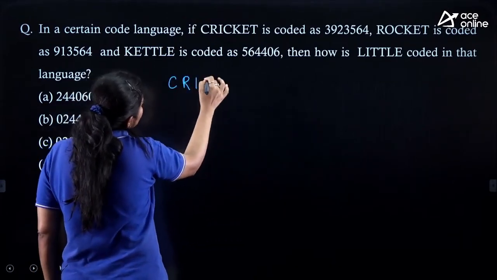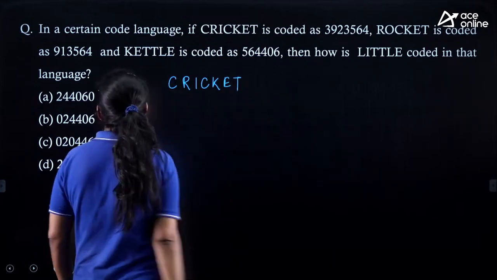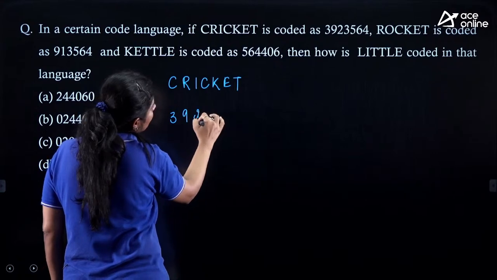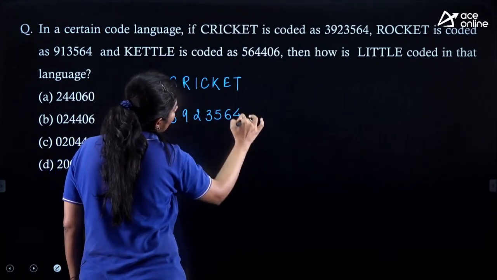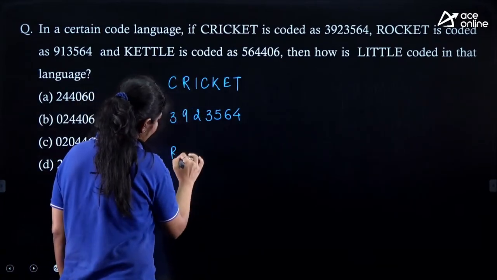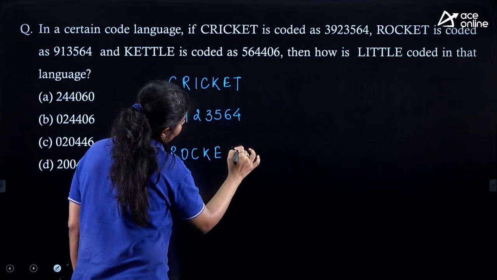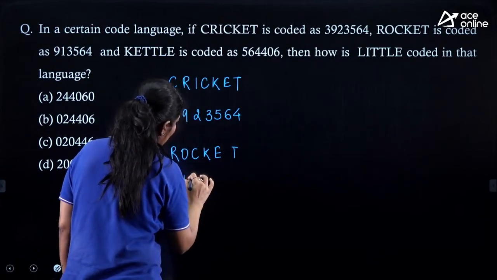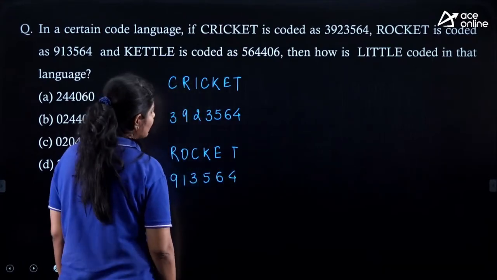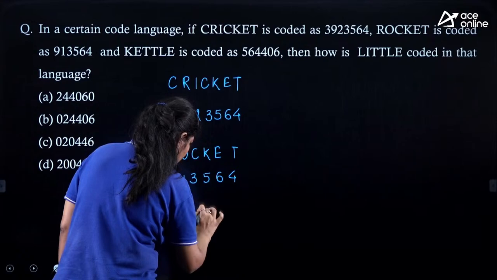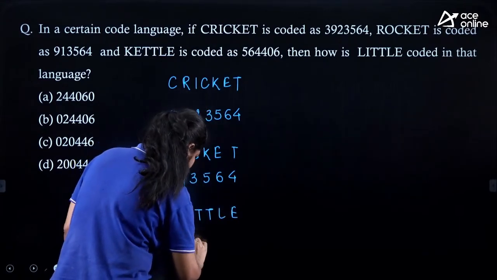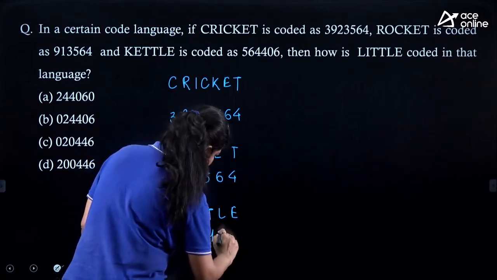So the next word is cricket, and what is the question? The question is saying that in a certain code language, if the word cricket is coded as 3923564, and rocket is coded as 913564, and cattle is coded as 564406, right?